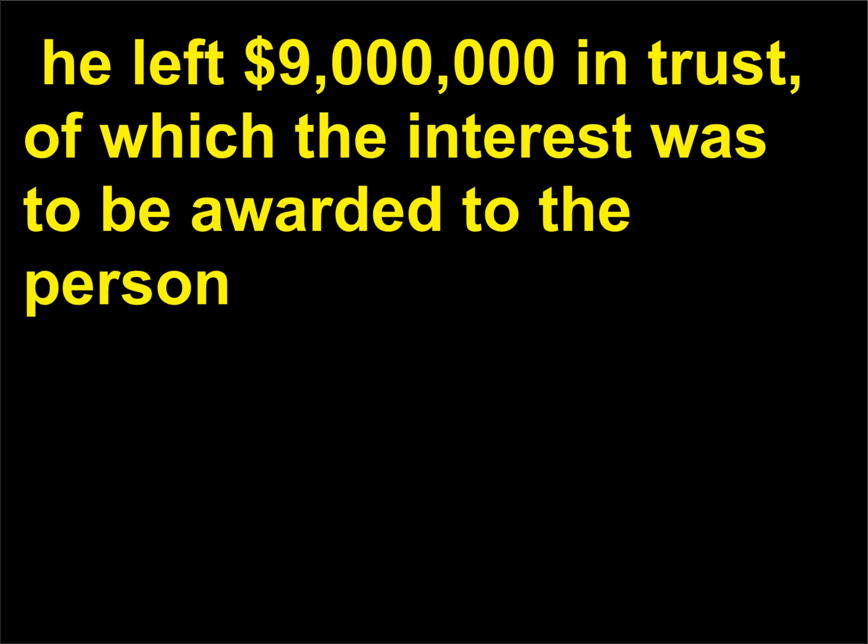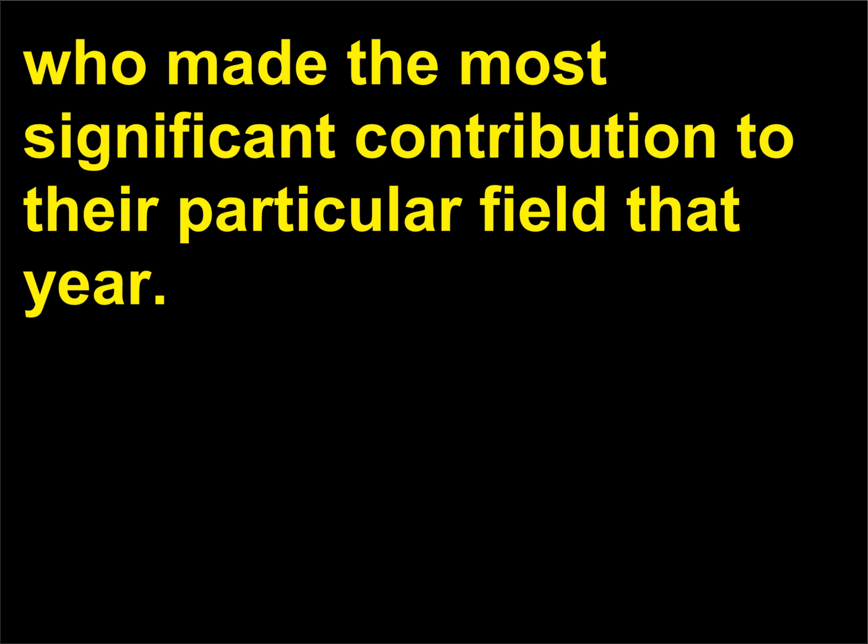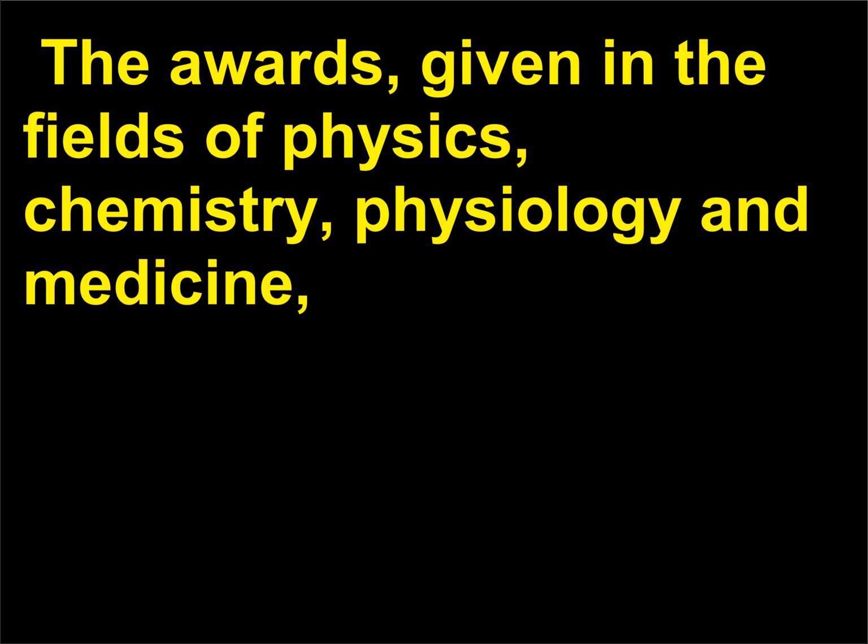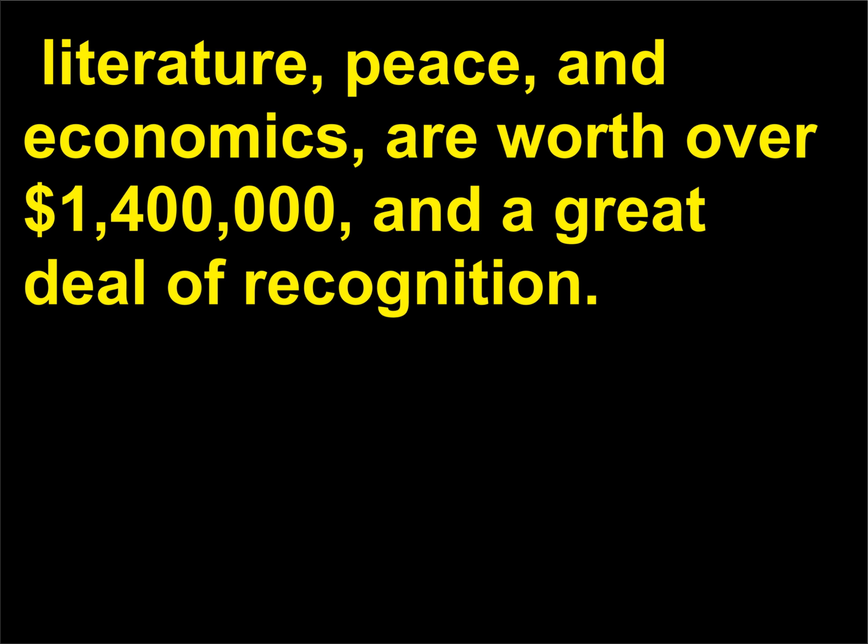He left $9 million in trust, of which the interest was to be awarded to the person who made the most significant contribution to their particular field that year. The awards, given in the fields of physics, chemistry, physiology and medicine, literature, peace, and economics, are worth over $1,400,000, and a great deal of recognition.